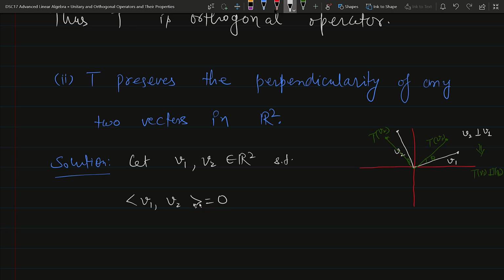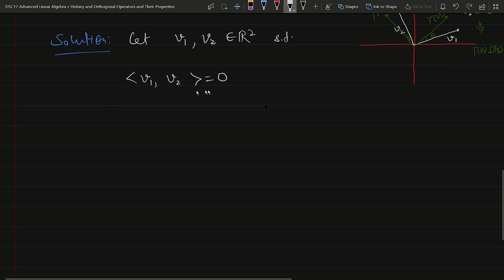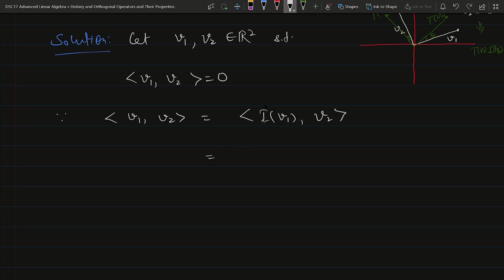That means they are orthogonal or perpendicular, right? Now what about their T images? Okay, since inner product of v1 comma v2 is same as inner product of I v1 comma v2. हमने लास्ट लेक्चर में जो थ्योरम्स प्रूव की थी वहां से मैं T, T star को आइडेंटिफाई कर रहा हूँ.